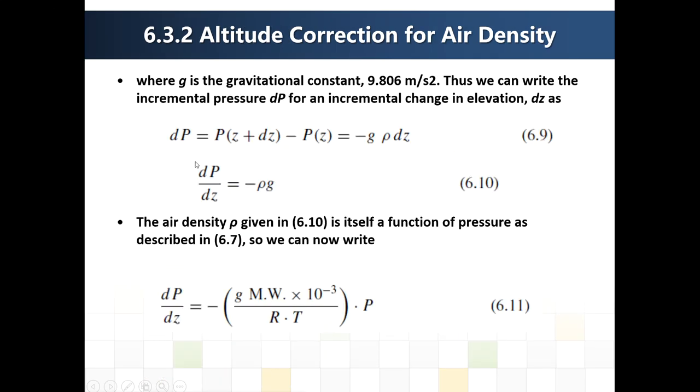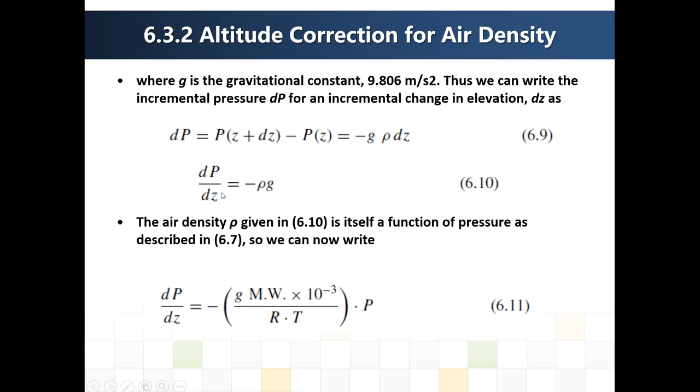So dP, the incremental change of pressure, is equal to P(z+dz) minus Pz, and is equal to minus the gravitational constant g, which is equal to 9.806 meters per second squared, multiplied by rho, the air density, and multiplied by dz.